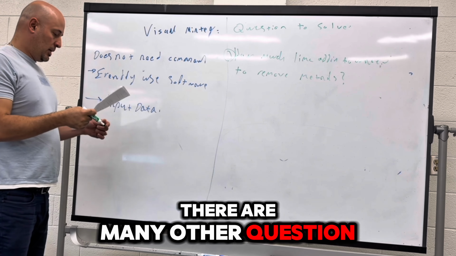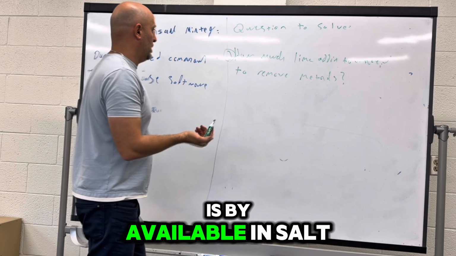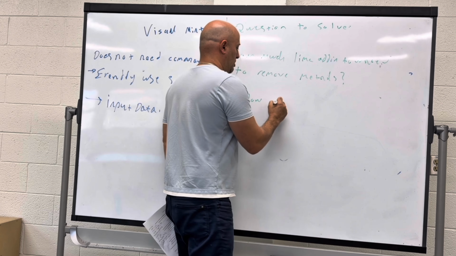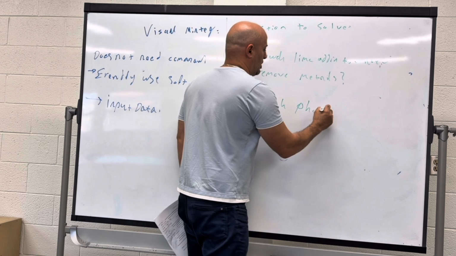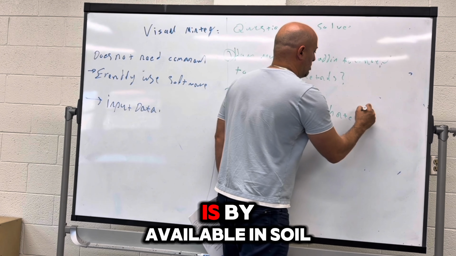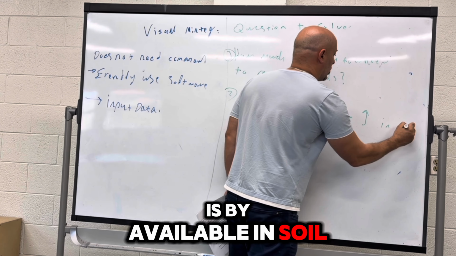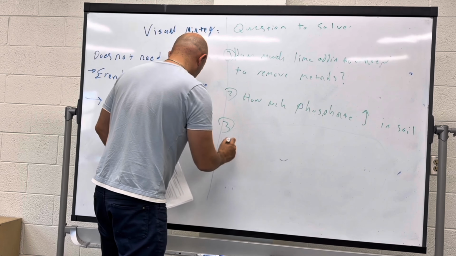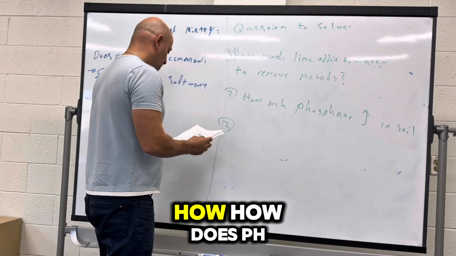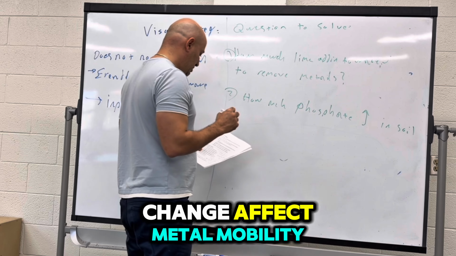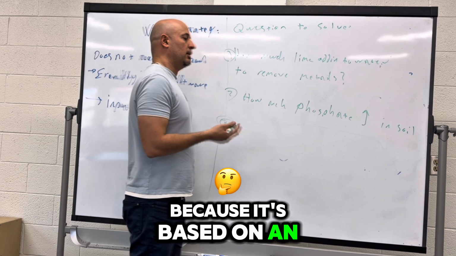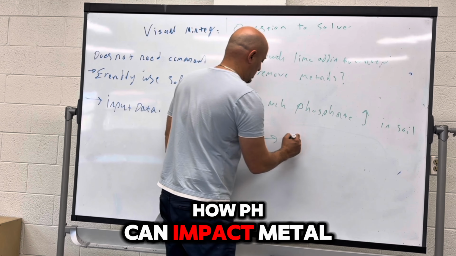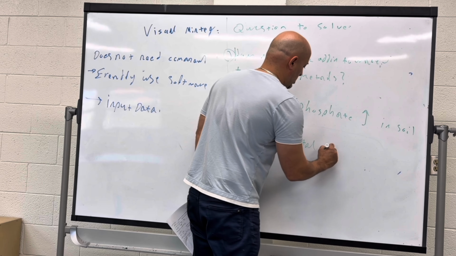There are many other questions, like how much phosphate is bioavailable in soil? Or how does pH change affect metal mobility? Because it's based on dissociation, right? How pH can impact metal mobility.